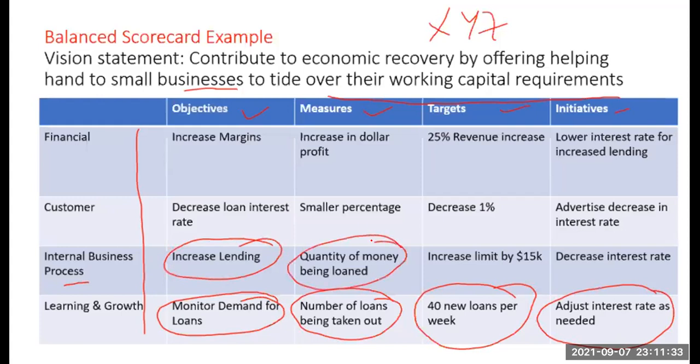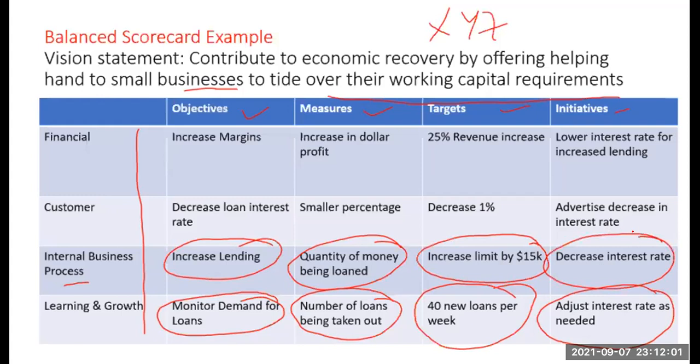The quantity of money being loaned to the customers, so that is a good measure. Then you change your business process to increase the amount of loan that will be lent. You increase the limit to $15,000, for example. That's just an example. And you also decrease the interest rate to make this happen.